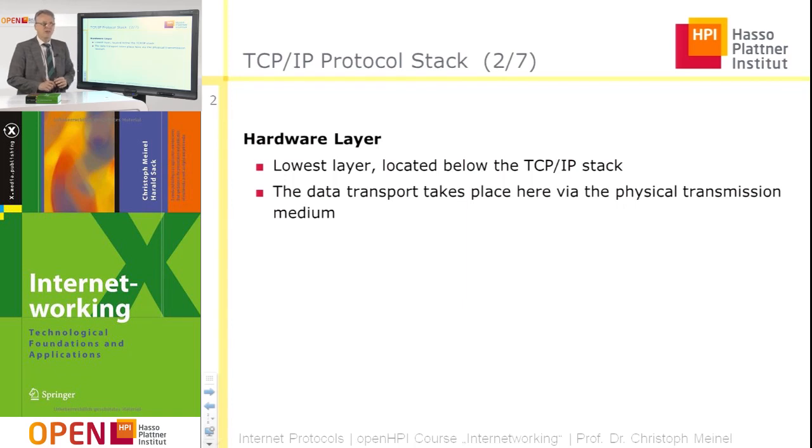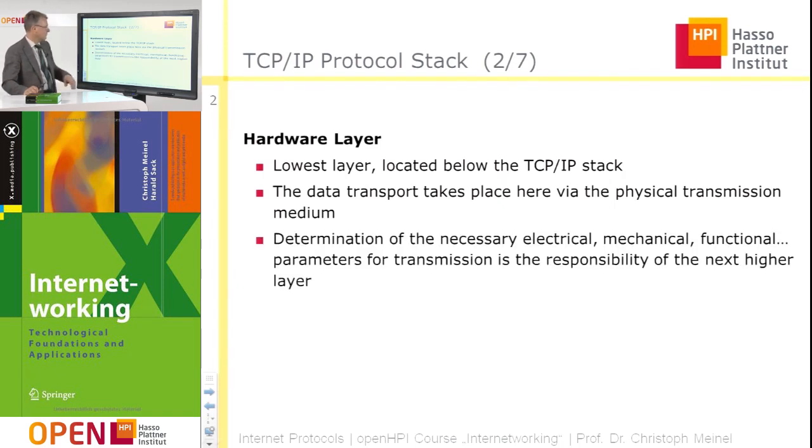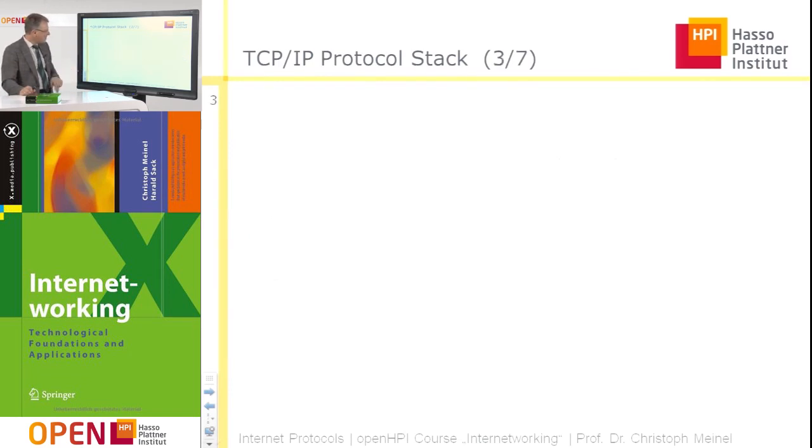The data transport takes place in this layer via physical transmission media, for example an electric cable, an optical fiber, or the air with a radio signal. The determination of the necessary electrical, mechanical or functional parameters for transmission is the responsibility of the next layer, and what's done there.